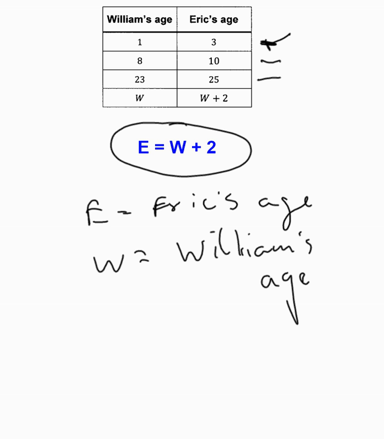So if E is Eric's age and W is William's age, then this relationship shown in the table shows up as E equals W plus 2. And for as long as both of them are alive, that relationship will stay the same.